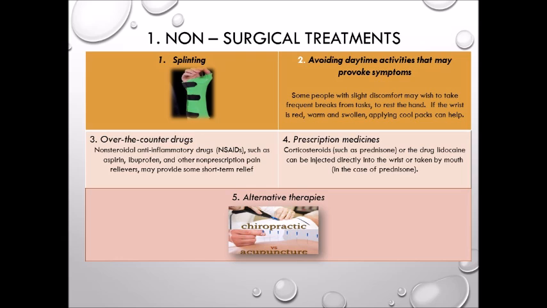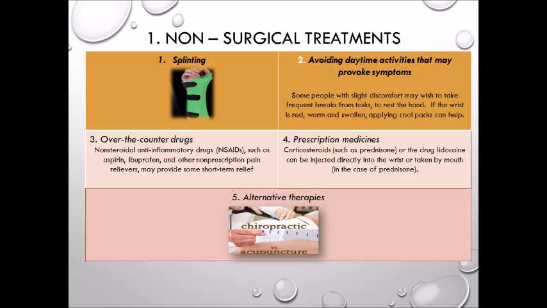It is used to relieve pressure on the median nerve in people with mild or intermittent conditions. Lastly, alternative therapies such as acupuncture and chiropractic can benefit some individuals, but their effectiveness remains unproved.